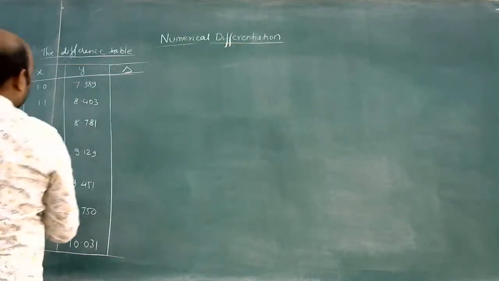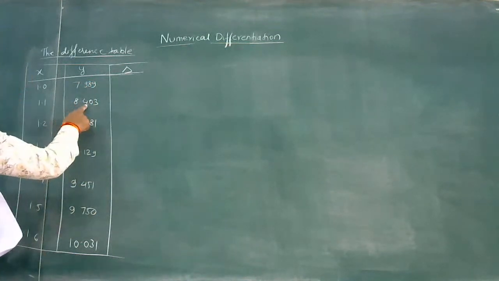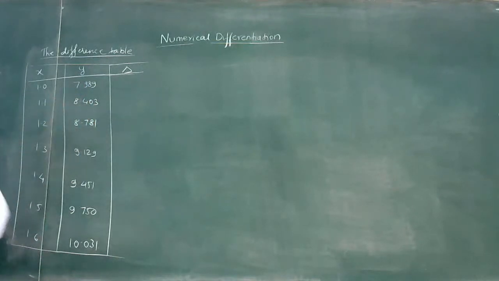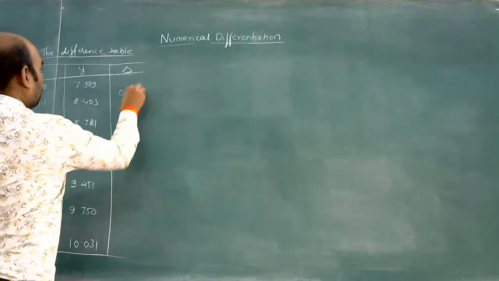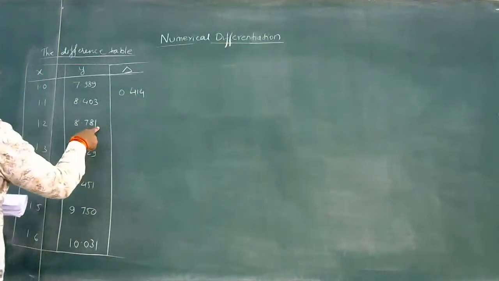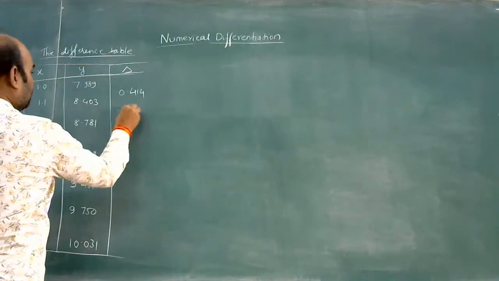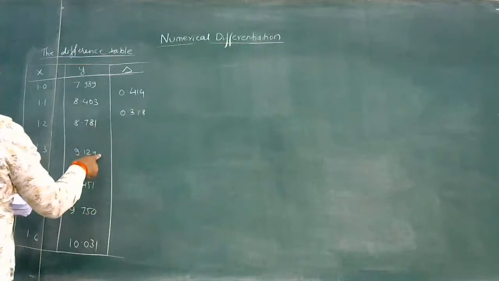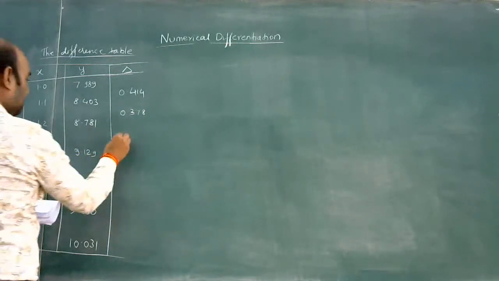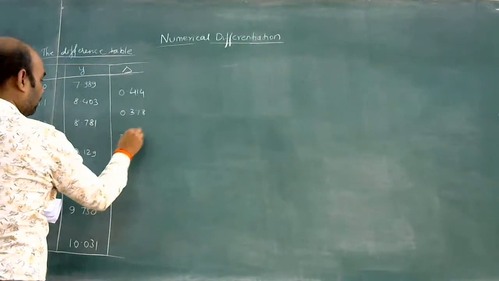First difference, so 8.403 minus 7.989 is 0.414. Difference of these two is 0.378. Difference of these two is 0.348.